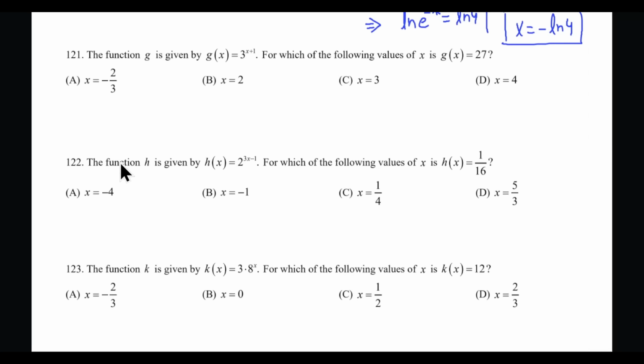And finally, question 123, we have this equal to 12. So 3 times 8 to the x is 12. Divide both sides by 3.